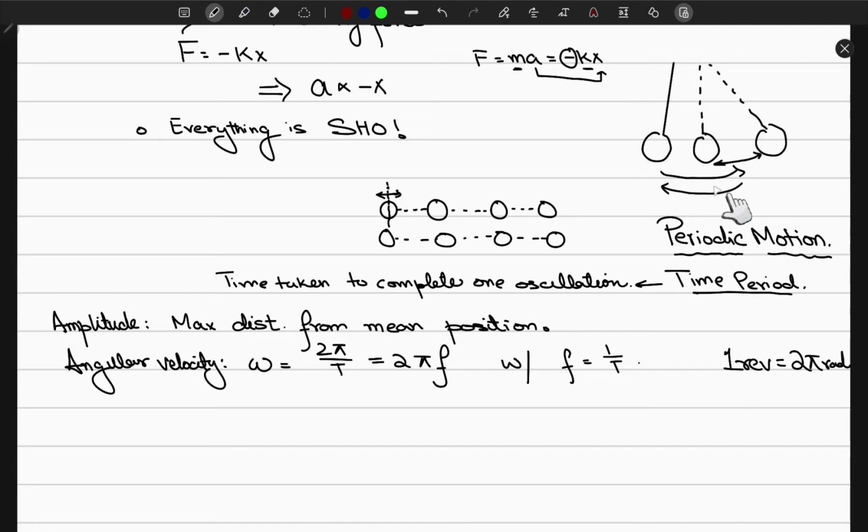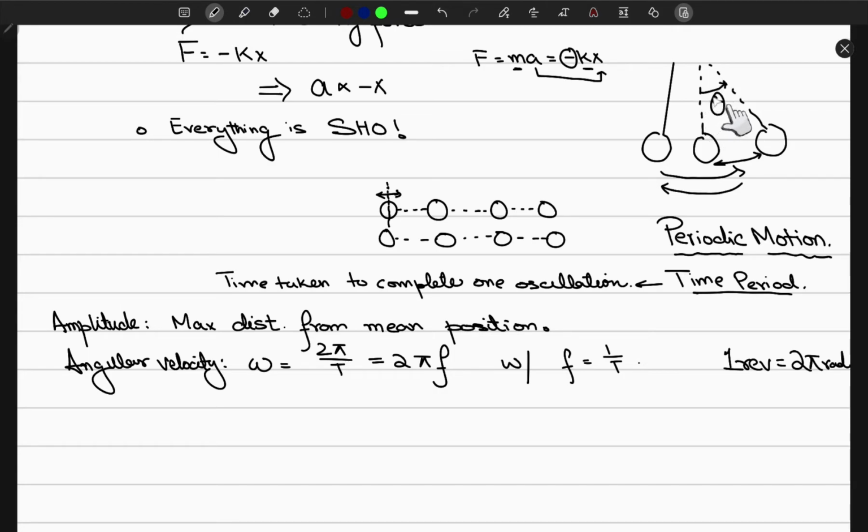Now coming back to this pendulum problem, you can see that when I move this bob away from its mean position like this, it actually displaces with an angle theta, right? So I can define an angle theta, which is basically the angle that this bob is going to move away from its mean position.